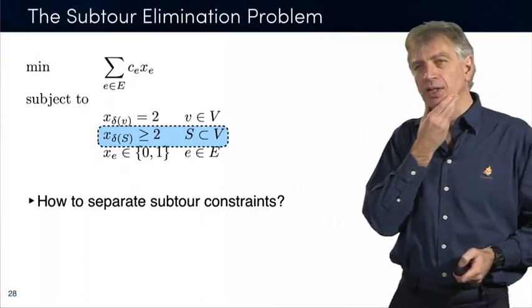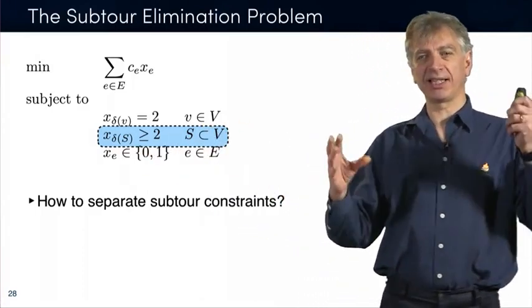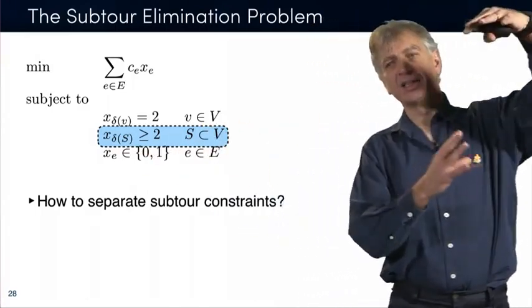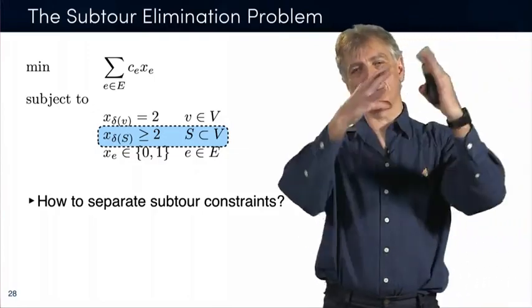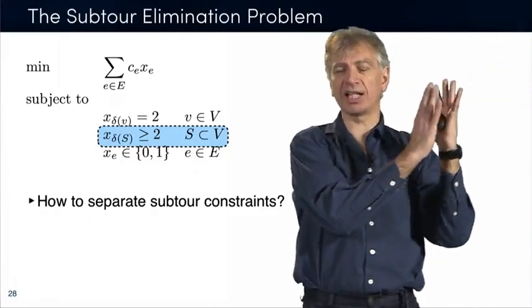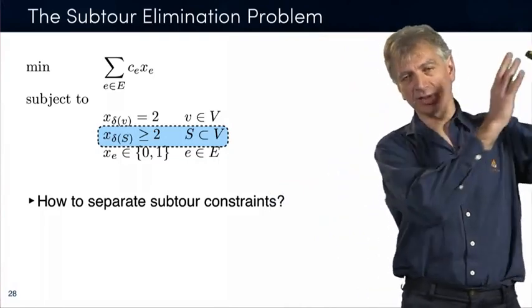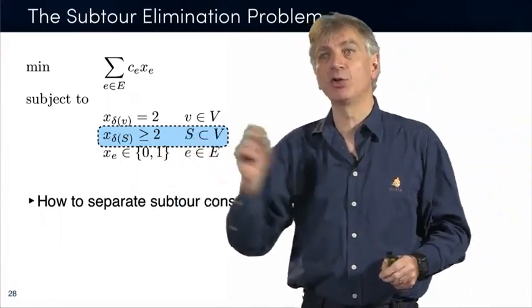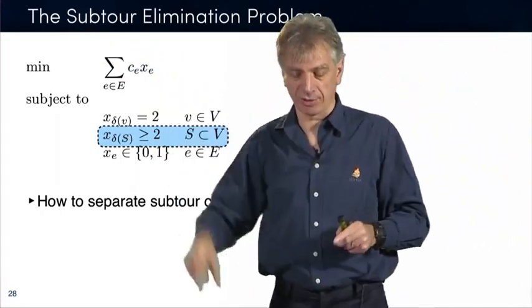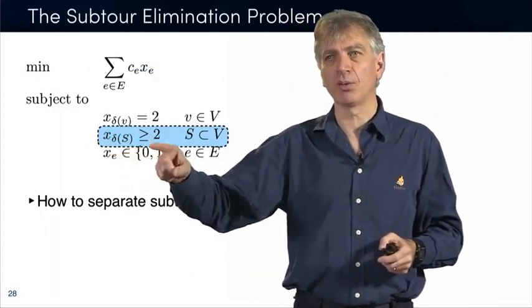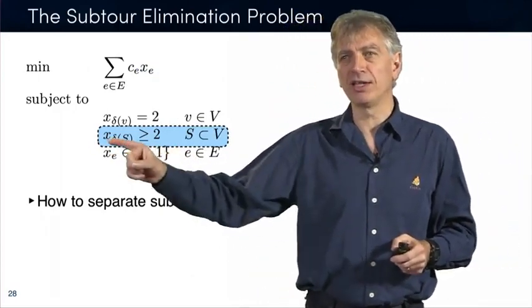We can re-express the constraint, which says the set of edges between a set of vertices has to be smaller than the cardinality of the set minus 1, by saying that we have at least 2 edges coming into this set and going out. This is what you see here.